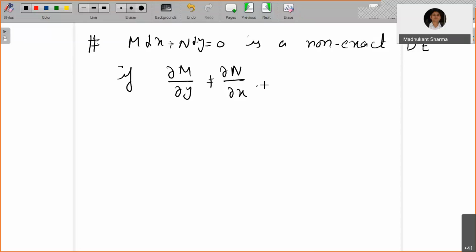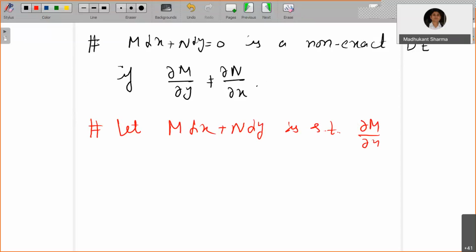Now let M dx plus N dy be such that ∂M/∂y is not equal to ∂N/∂x, which automatically says that it is a non-exact differential equation.